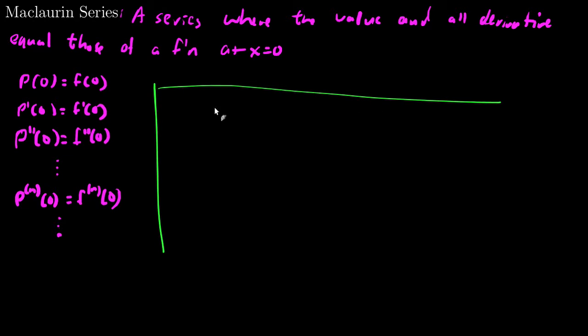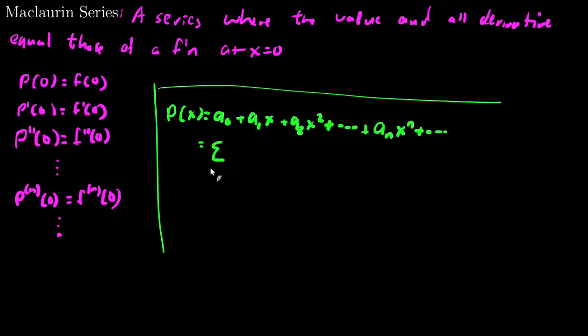So we remember that this Maclaurin series is going to be P of x equals a naught plus a1 x plus a2 x squared plus up to the general term a n x to the n, which can be written as the sum as n goes from 0 to infinity of a sub n x to the n.